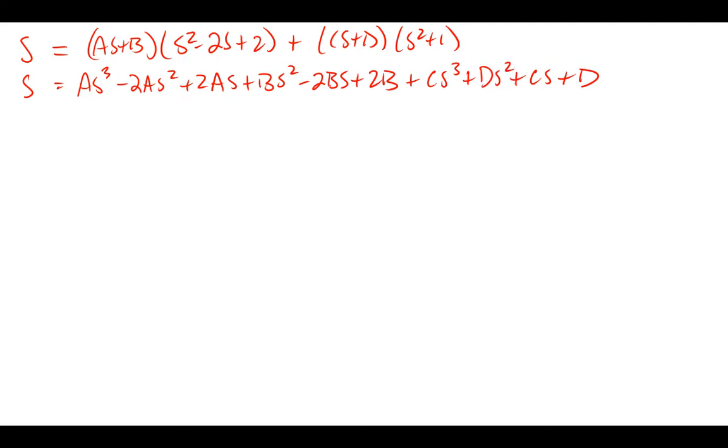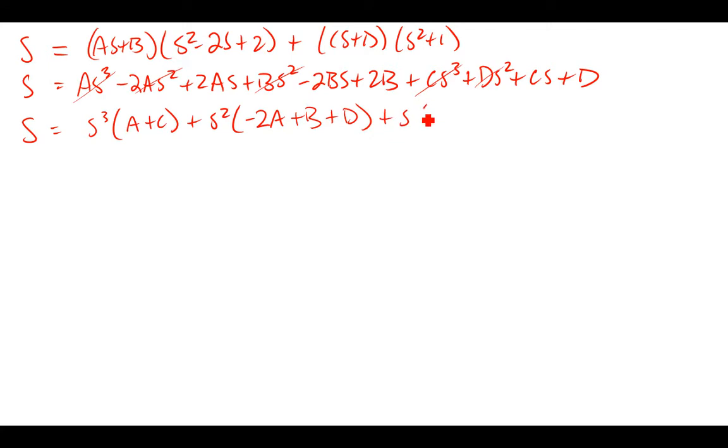Okay, so now in order to do matching, I have to get powers of s. It's best to organize ourselves in that fashion. So let me do the s cubes first, which I have a plus c. And then how about the s squareds? I have negative 2a and b and d.